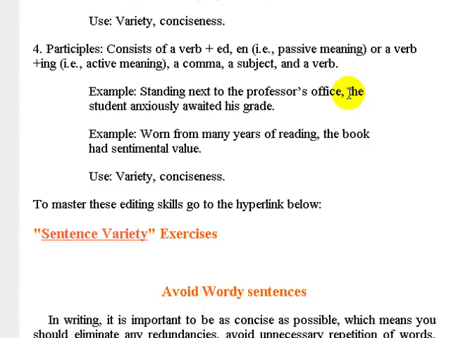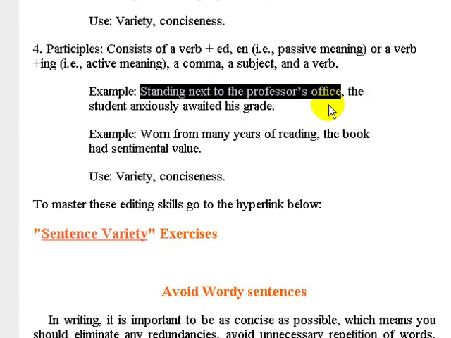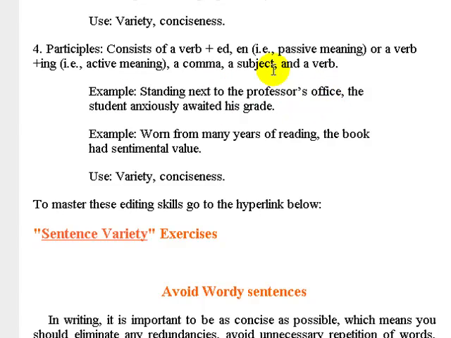You could even say, the student who was standing next to the professor's office anxiously awaited his grade. Now, the main thing is, doing it this way, a lot of students do not choose this word order, but this is actually more advanced grammar than the previous examples.